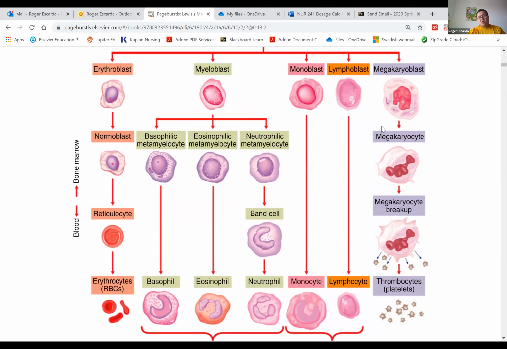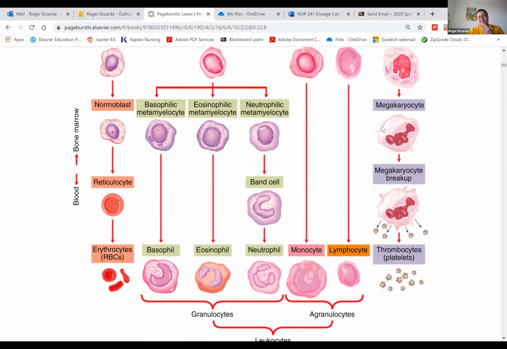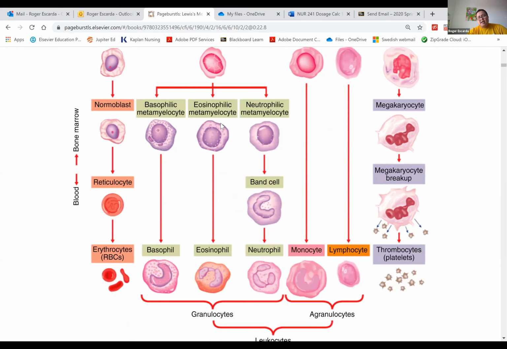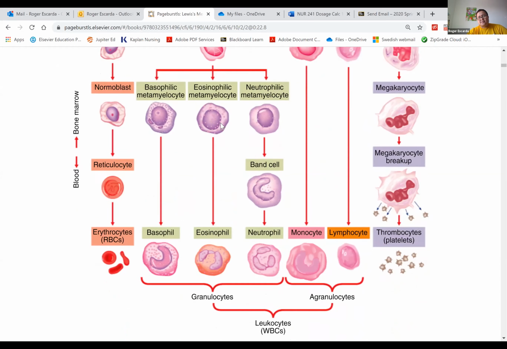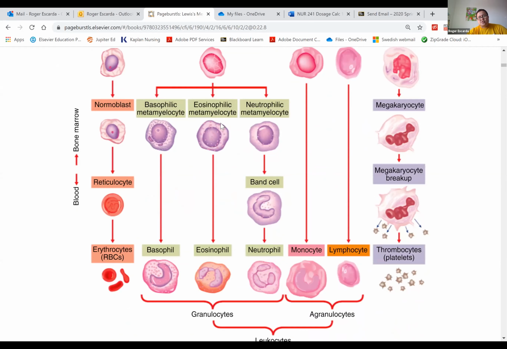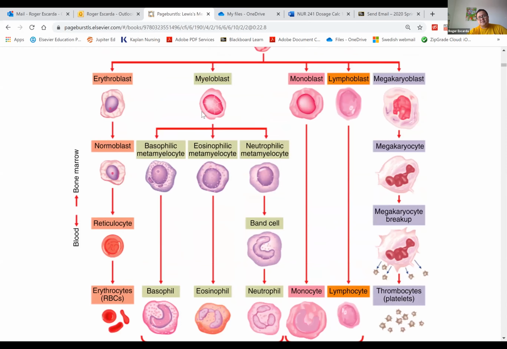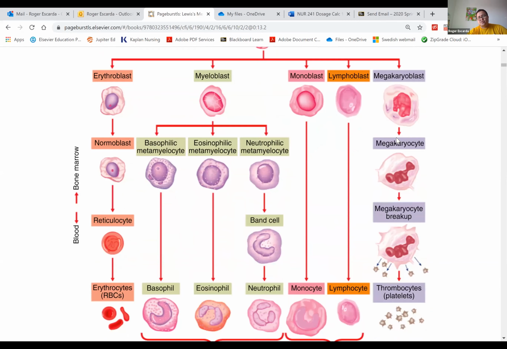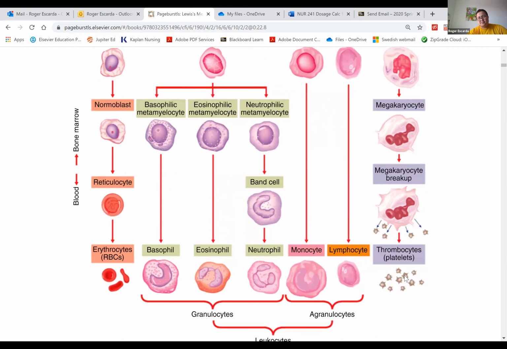So when we talk about leukemia later, myeloid stem cells, therefore, mature to become your red blood cells and your platelets, if you follow this diagram here, whereas lymphoid or lymphocytic stem cells mature to become white blood cells.